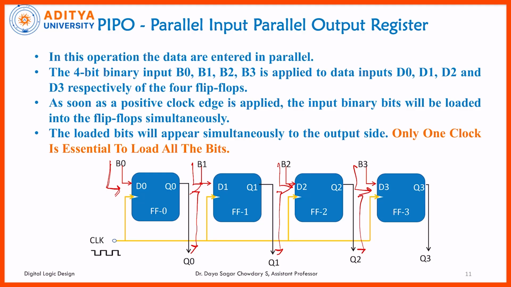So we call this parallel input and parallel output. The input is given parallelly, like 1101 for 4 flip flops, and the output is also 1101 after a single clock pulse. So within a single clock pulse we get all the outputs.